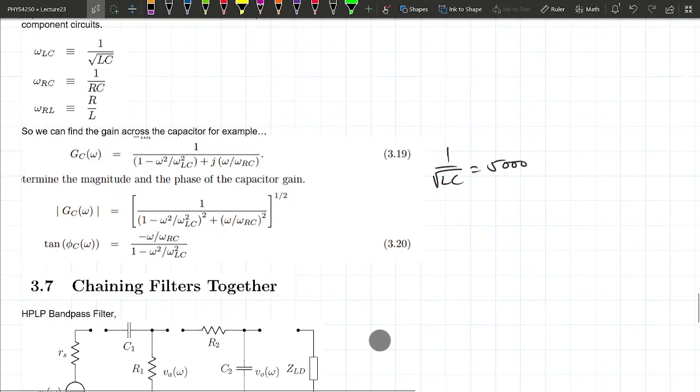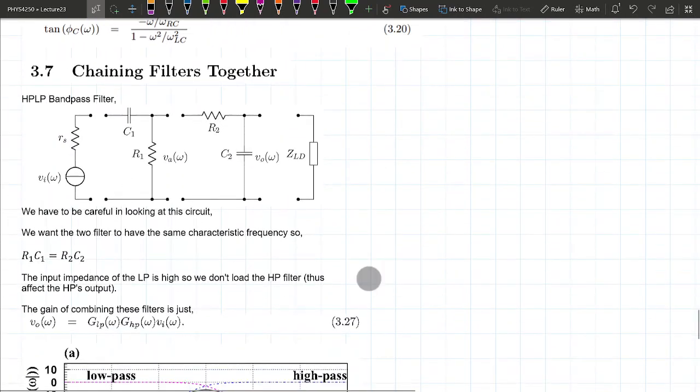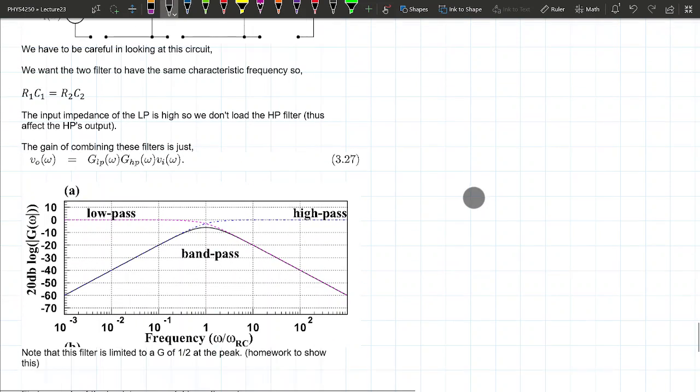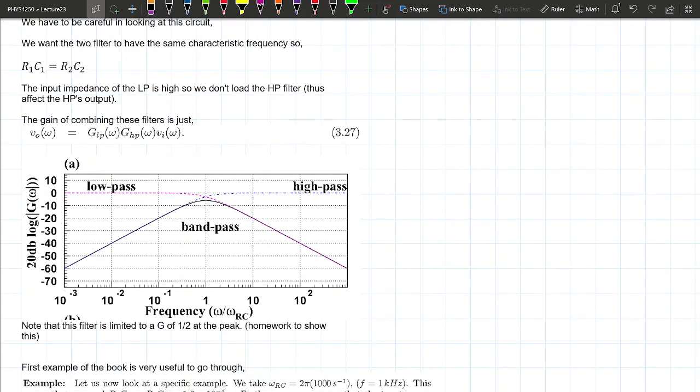All right. One last thing to quickly chat about is that instead of building an LC, let's say you don't have an inductor. What you can do is put a high pass filter and a low pass filter together to make a band pass filter also. The picture is down here. The high pass filter allows high frequency signal to get through.